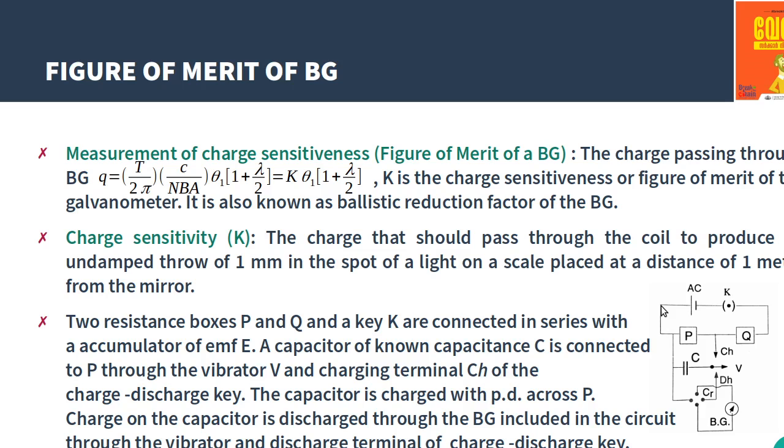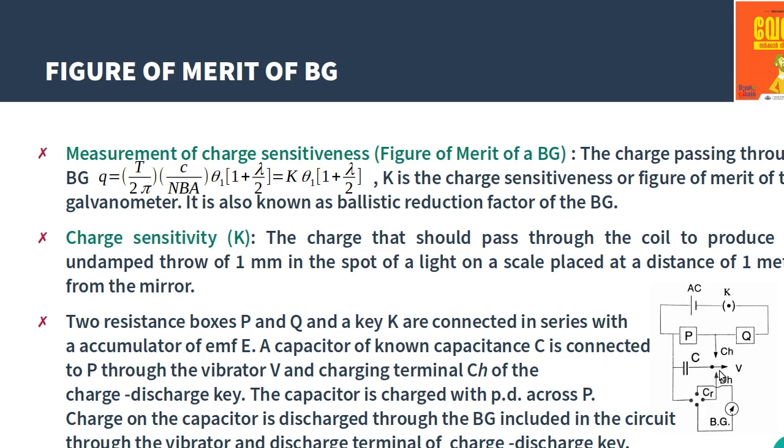So this capacitor is connected across P through a vibrator V. The vibrator is used to make the charging and discharging connection with this charge discharge key. So it is connected through a vibrator and the charging terminal CH of the charge discharge key.